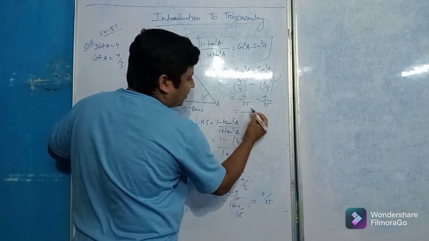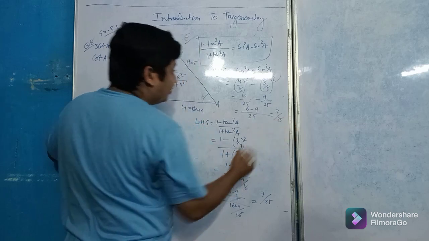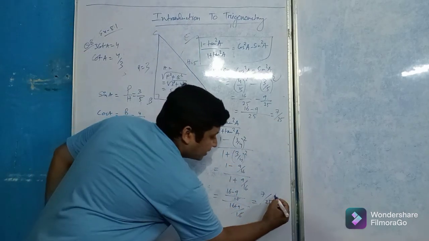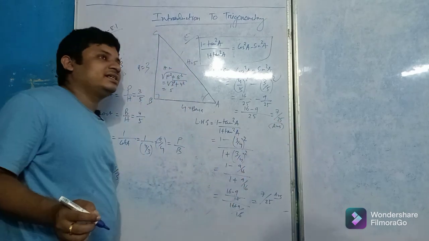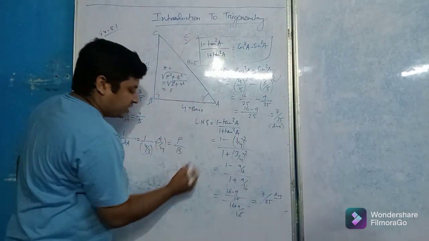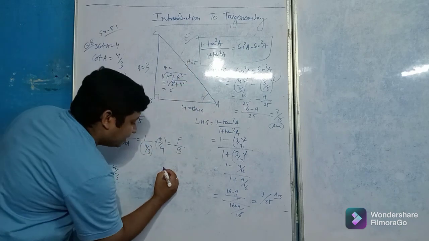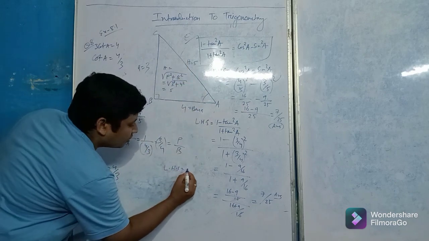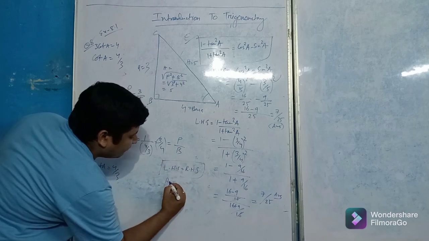This is 25, 16 minus 9 equals to 7 by 25. In both the case, we got the answer as 7 by 25. So here LHS equals to RHS coming. So in the question it was asking, check whether it is true or false. Yes, LHS equals to RHS. It is correct, hence verified.